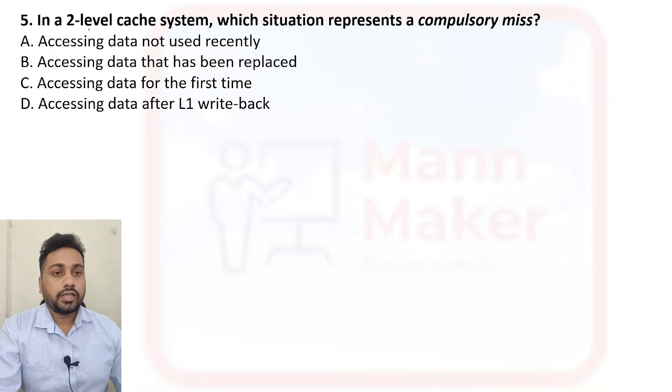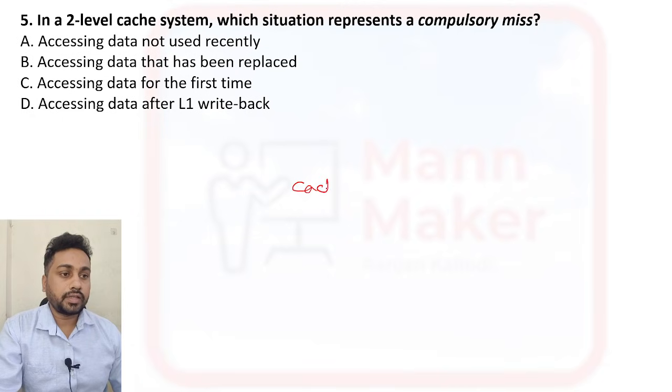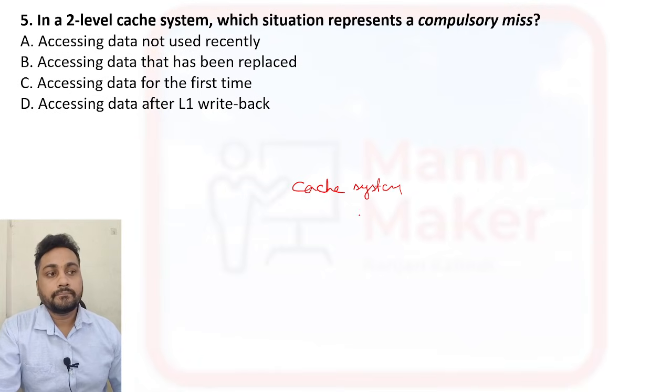So the next question: in a two-level cache system, which situation represents a compulsory miss? In a cache system, basically we have three types of misses.